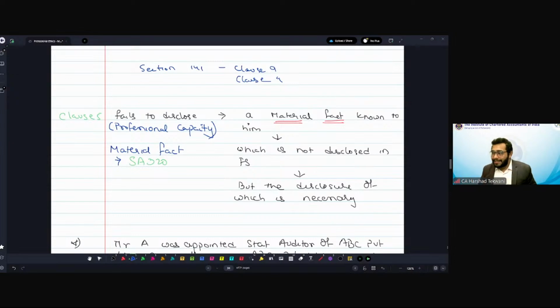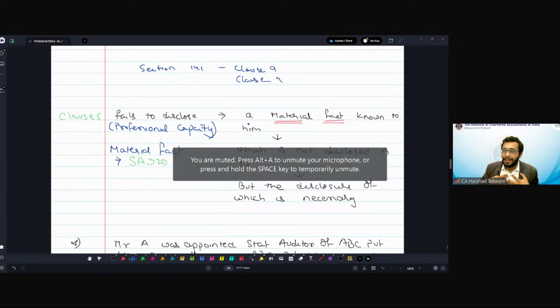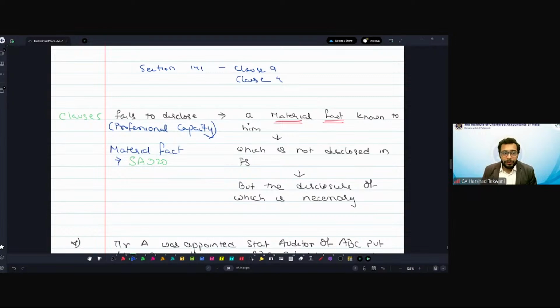No, see, let's say, for example, I'm giving a certification, not an audit. If I'm doing a certification also, there is a liability on me to disclose. But let's say I'm doing tax advisory services where there is no liability to disclose on my part. In that case, am I liable to disclose that material fact? That is the first question I need to ask. If it is an audit report or a certification, yes, I'm liable. Apart from that, on a case-to-case basis, I need to evaluate whether I was liable to disclose or not.